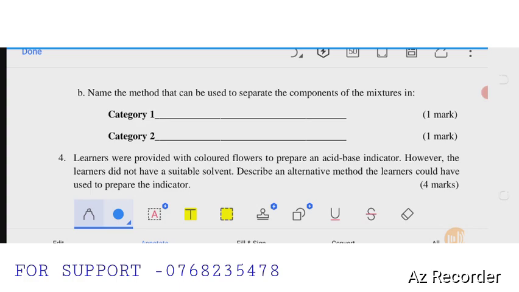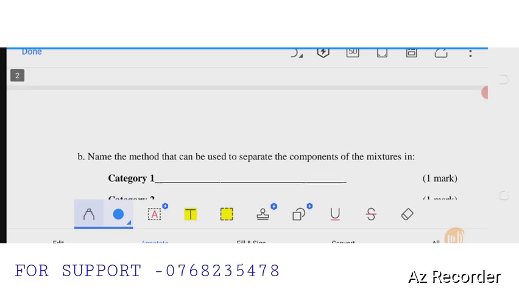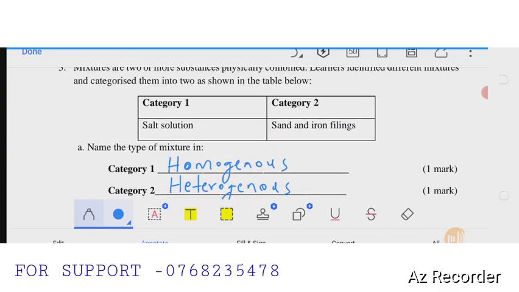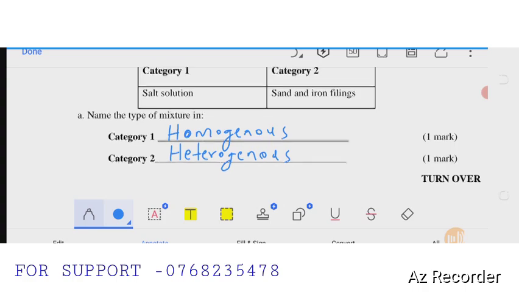Name the method that can be used to separate the components in the mixture in category 1. So category 1 is salt solution, which is a mixture of salt and water.